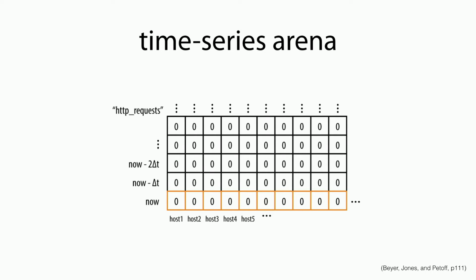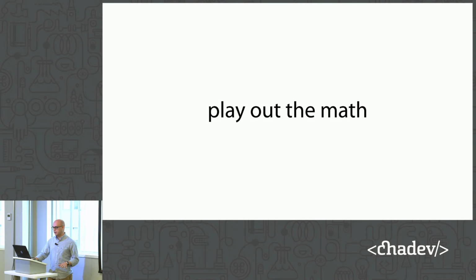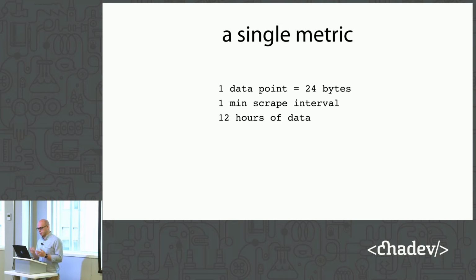Before we go a little farther into this format, I want to play out the math of this, really about storage, because that becomes important when you're talking about storing information. So let's talk about a single metric. Generally in Prometheus, a single metric takes about 24 bytes. So if we talk about 1 minute scrape intervals on your system, and say we want to have 12 hours of data, you could configure that to be more, for sure.